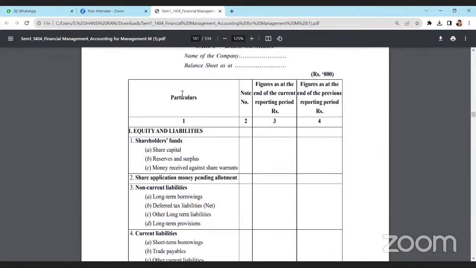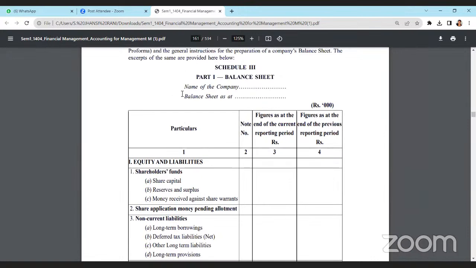I hope it's visible to all. This is how we prepare the company balance sheet, the same as what we discussed in final accounts. It is as it is; only the headings and subtitles change, but the meaning remains the same.